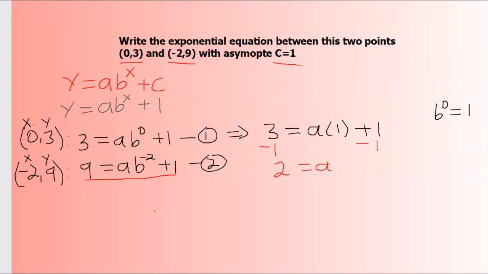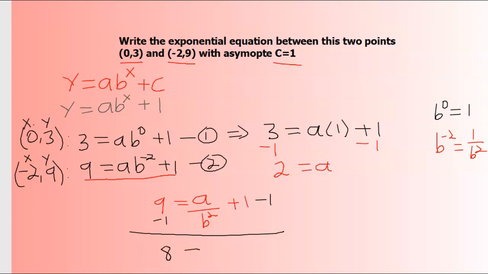From the second equation, 9, we know that b to the power -2 can be written as 1 over b squared. So it becomes a over b squared, plus 1. We subtract 1 on both sides, so here -1 and -1.